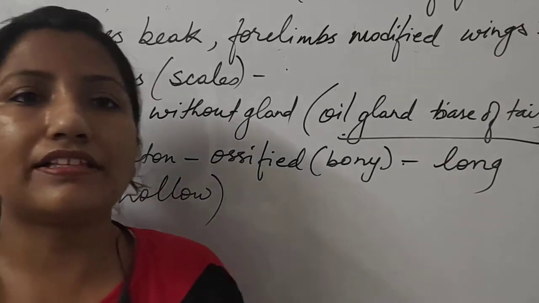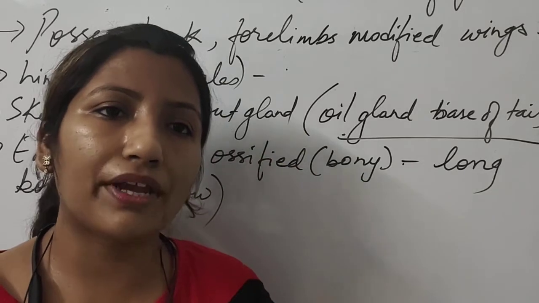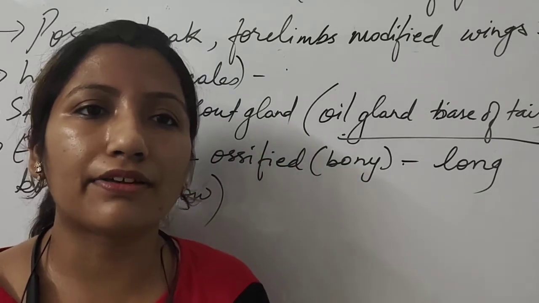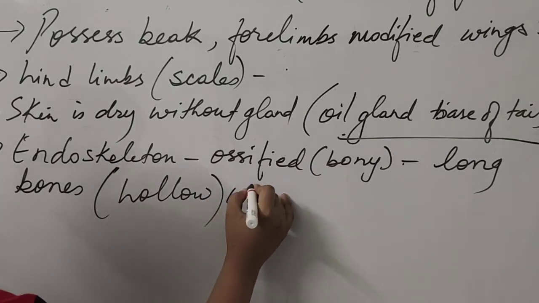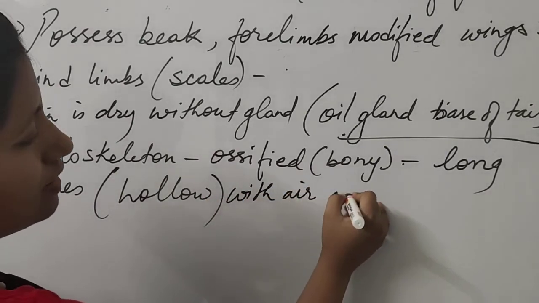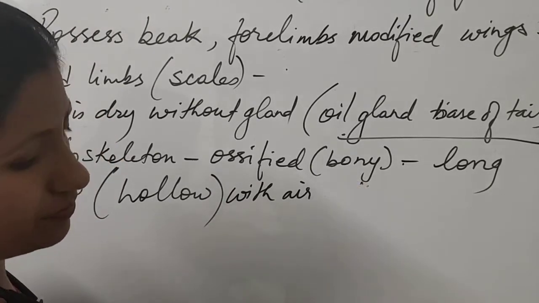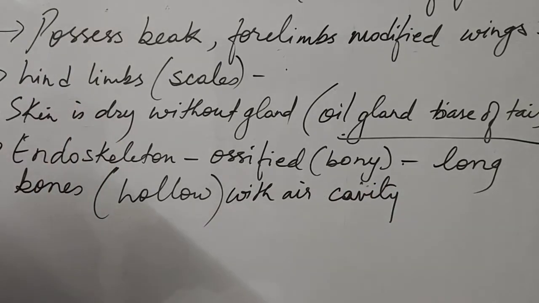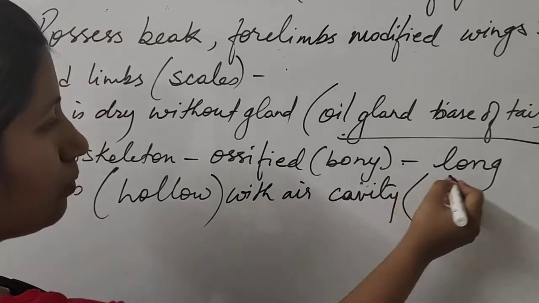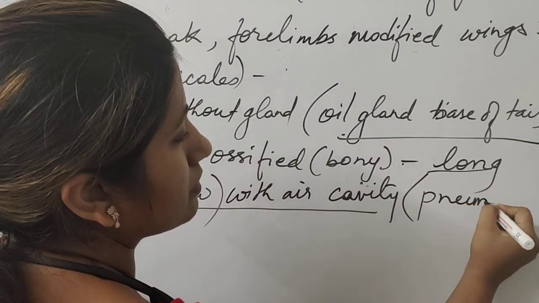Means the density of the bone is very light, and due to that light weight of the bone, they can fly very easily. Okay. And with air cavity, which helps them to fly. Which we call hollow bones. See, hollow bones with air cavity is known as pneumatic.